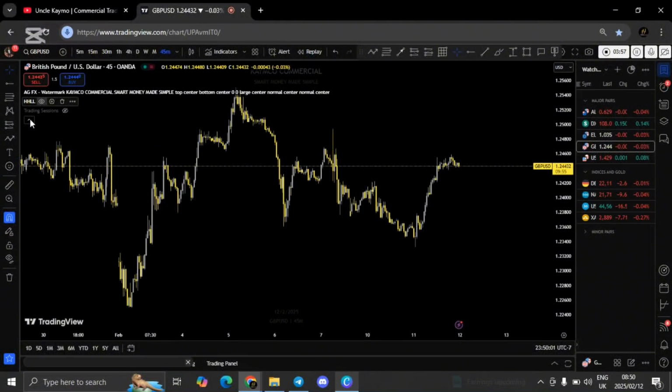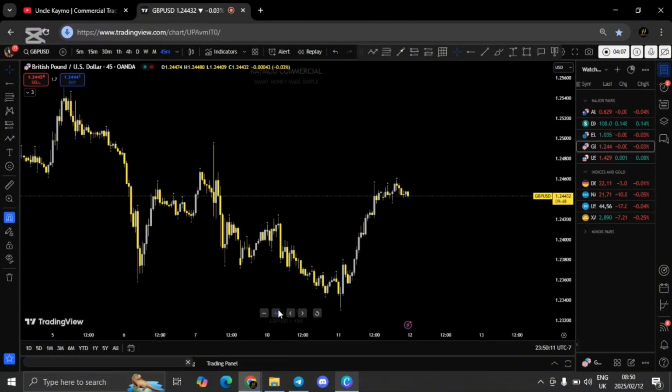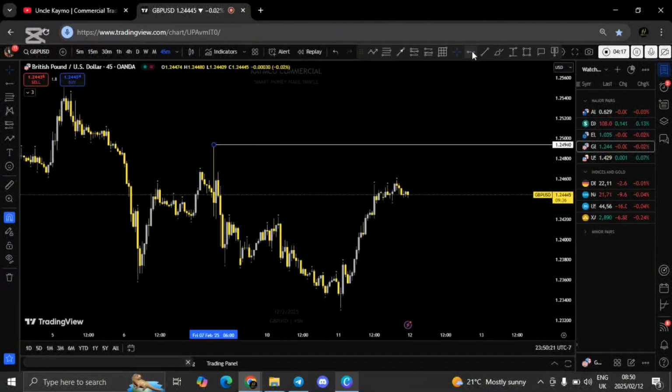So judging by the factors that I'm having on the chart currently on the 45 minutes time frame, you can see this is the higher high. Sorry, this is the higher low, or lower high. Yeah, of course, we're on a downtrend, and this is the low of the trend.